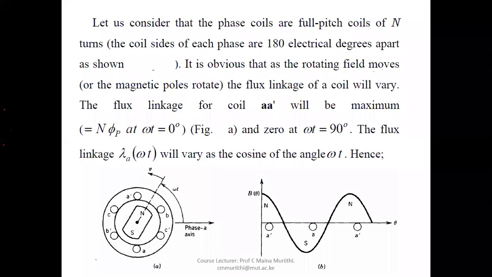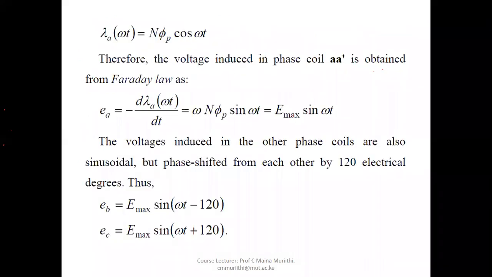And considering the flux linkage as lambda A, the flux linkage can be written as N phi p cosine of omega t, where phi p is the flux per pole.